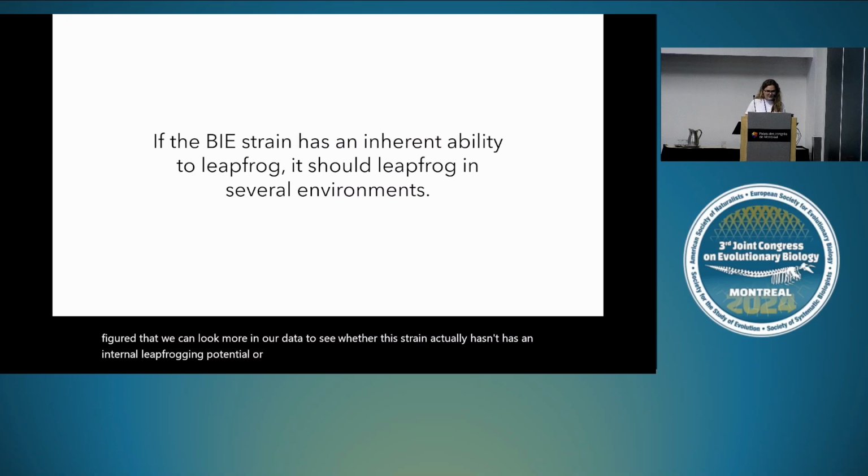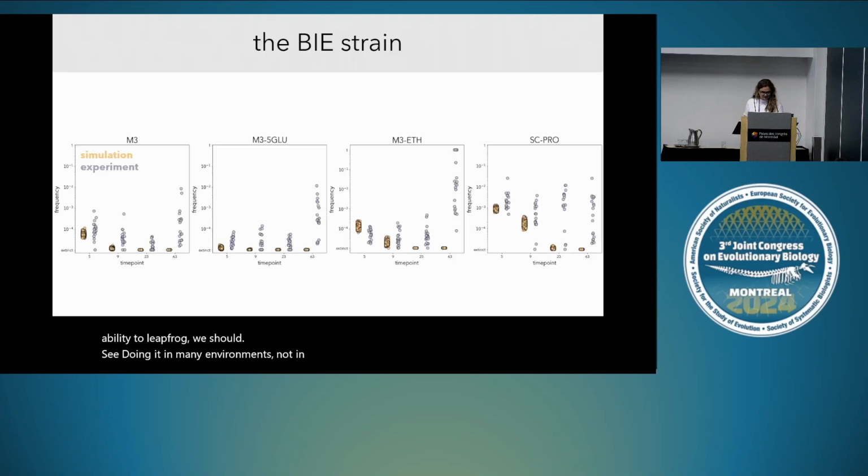And so we reasoned that if it does have an inherent ability to leapfrog, we should see it doing so in many environments, not just one. And when we look at that, not as dramatically as in M3 ethanol, but in other environments, it consistently performs better than we would expect purely based on its initial fitness.